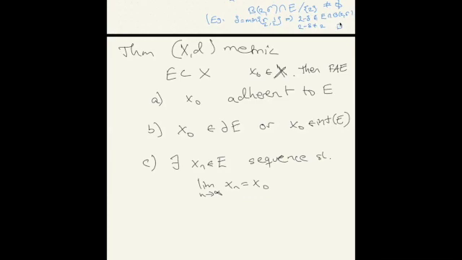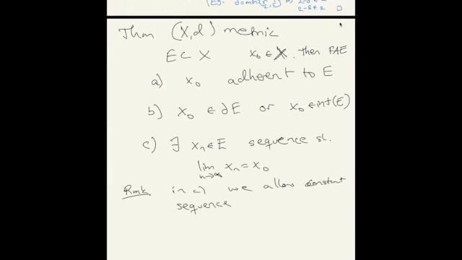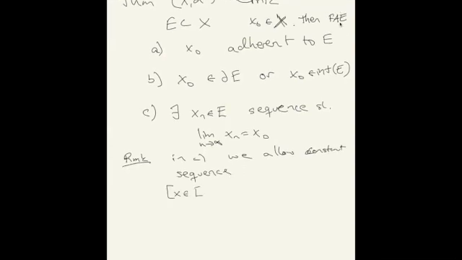Now, one remark is that in C, we allow a constant sequence. So what this means is that, for example, if x is in E, then we can choose x_n just equal to x for all natural numbers n, and then the limit as n goes to infinity of x_n is equal to x, because it's just the limit of a constant sequence.